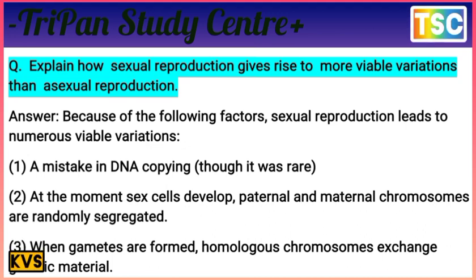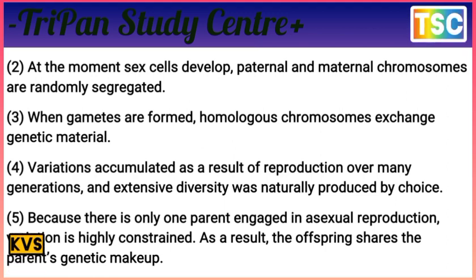Variation accumulates as a result of reproduction over many generations, and extensive diversity is naturally produced by natural selection. Because only one parent is engaged in asexual reproduction, variation is highly constrained.